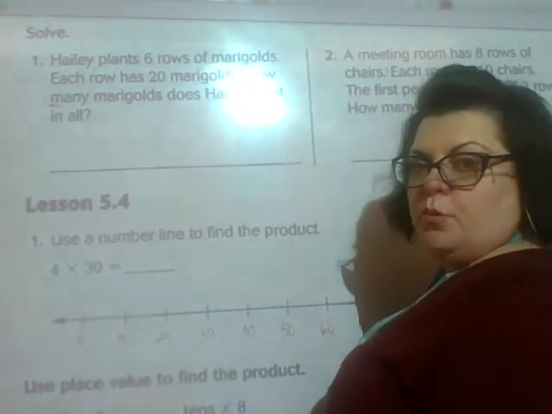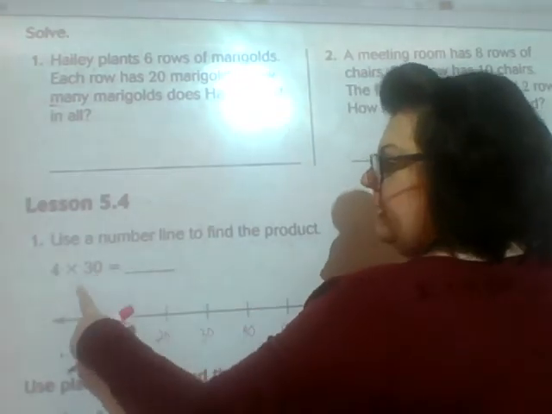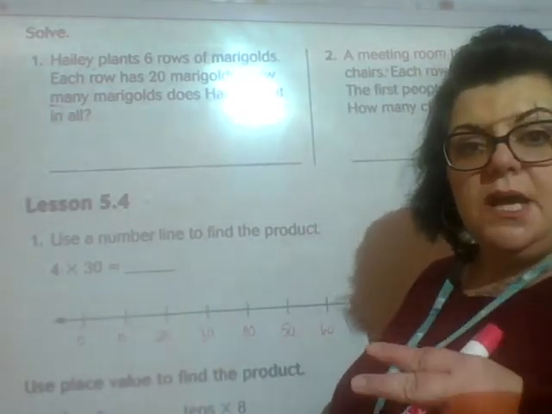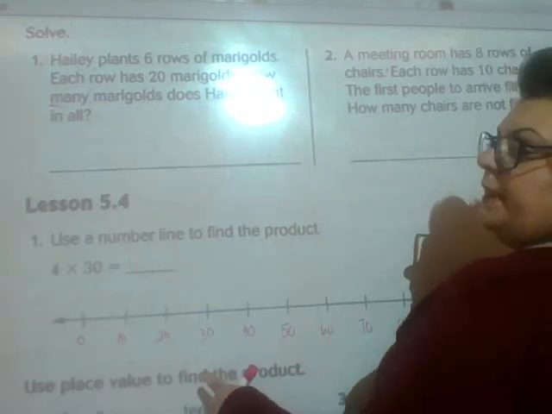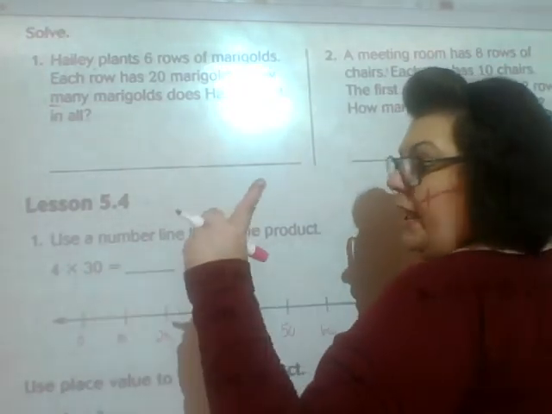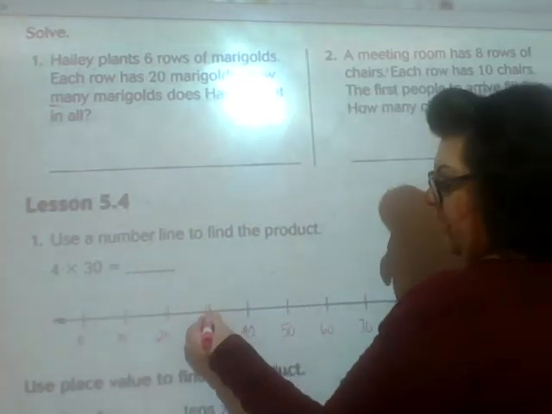In this problem, we're going to have 4 jumps of 30, because remember, your first number is always jumps of, rows of, groups of. So the first thing I'm going to do is make 1 jump of 30. So here's my 30 right here.